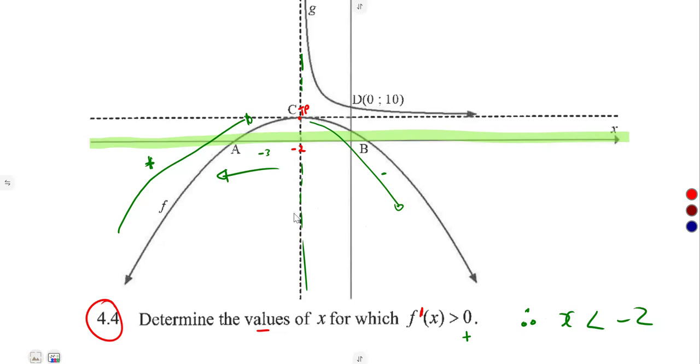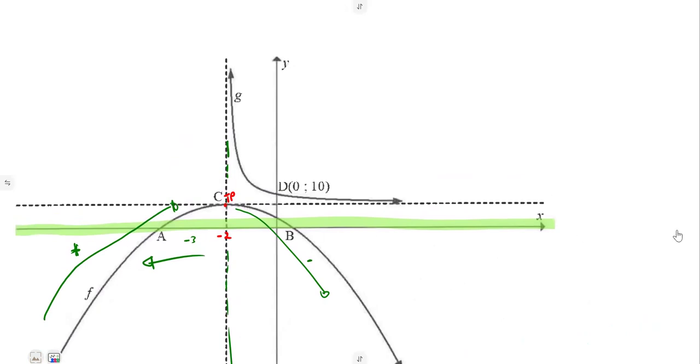We are working with f. If it was on g, let's say they are asking the question there on g. Since g is part of a hyperbola, it has an asymptote. We work with the asymptote, and the asymptote was at the turning point at minus 2.